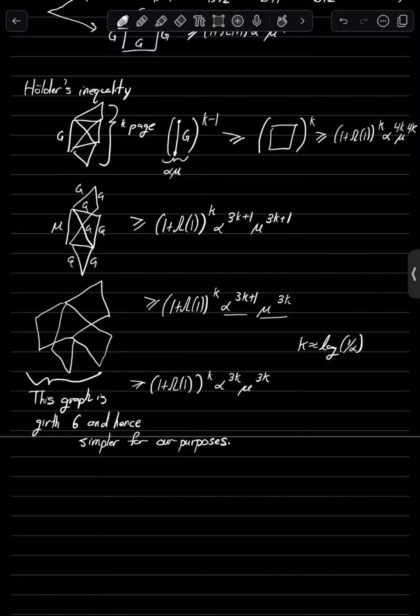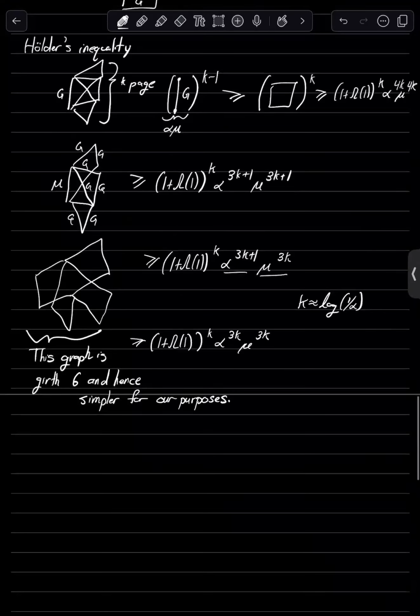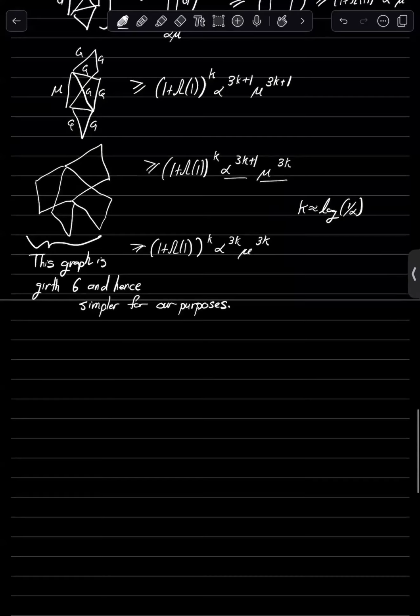Okay. So the point will be now to look at graphs of girth 6 and try to understand them and try to prove the kind of statement we want. Now this is a kind of ugly looking graph of girth 6. There are simpler graphs in the world of girth 6. The simplest such graph is a cycle of length 6.